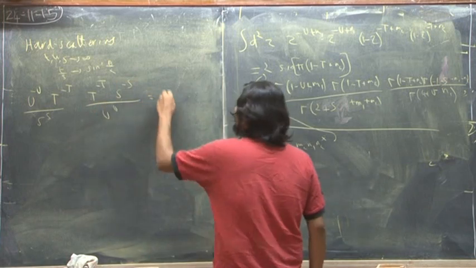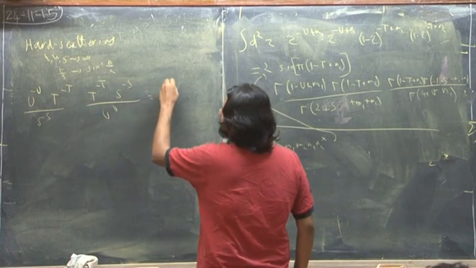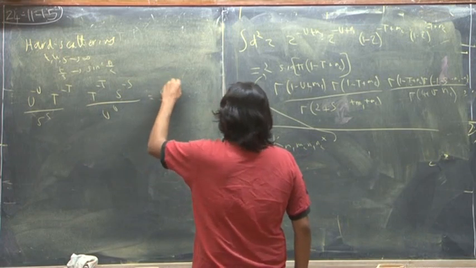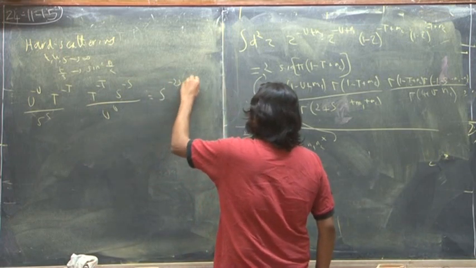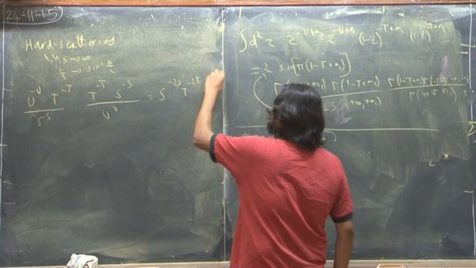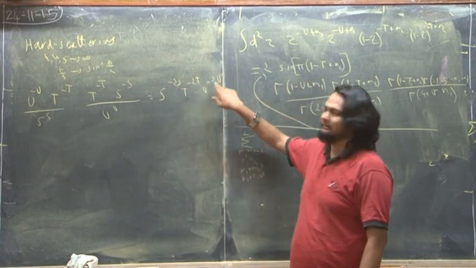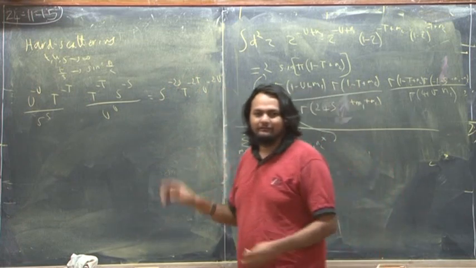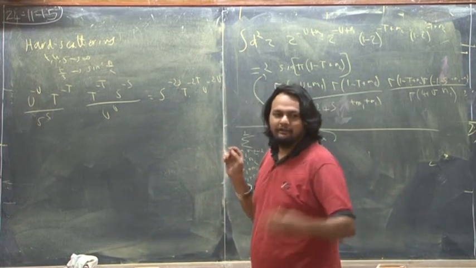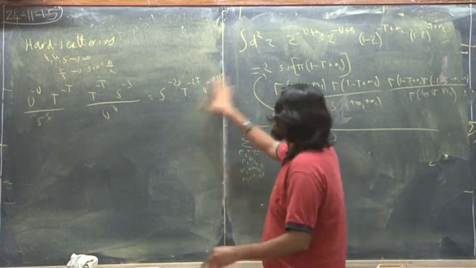This is equal to s to the power minus 2s, t to the power minus 2t, u to the power minus 2u. And basically, when you look at the exponentials, you will get e to the power minus (2s plus 2t plus 2u), which is 0. So the exponential goes away, and you just get this.